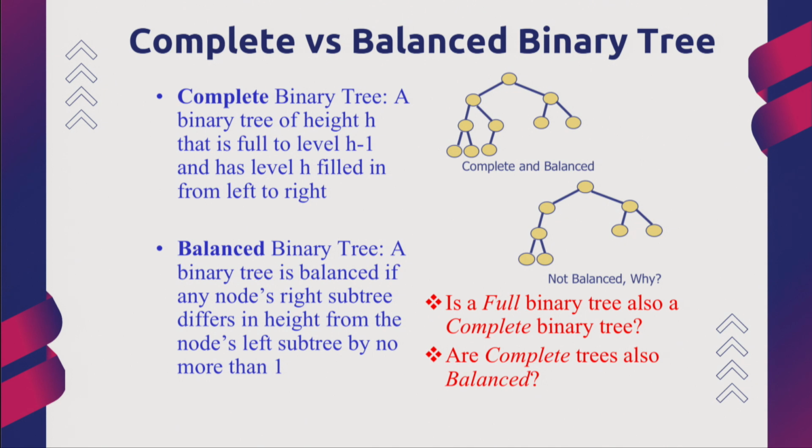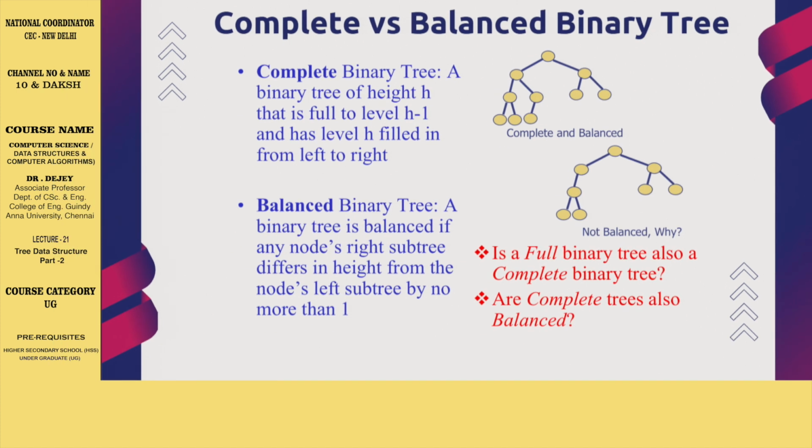In this first example, you could see the binary tree is complete. The difference between the left and the right subtree is exactly 1, and so we say it is a complete balanced binary tree. When you consider the next example, level 2 is not completely full, so it is not a complete binary tree.